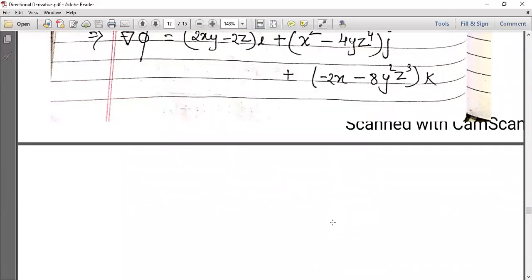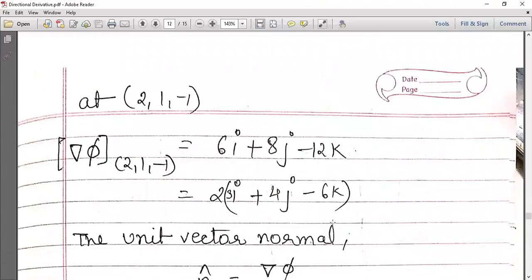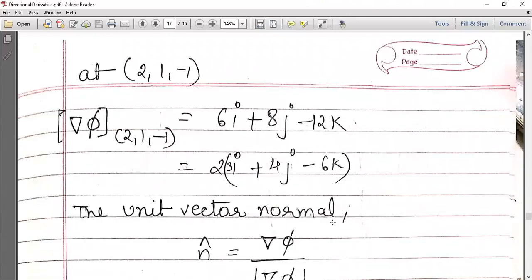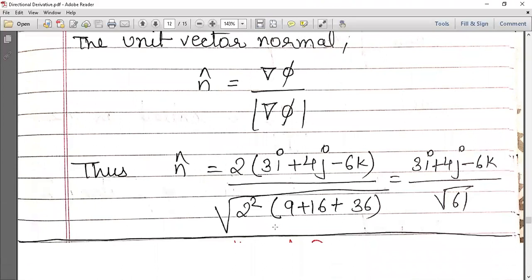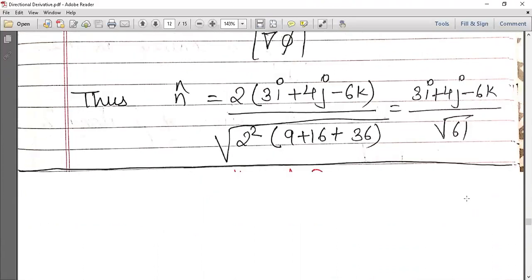Then we calculate at the given point 2, 1 and minus 1. We get the unit vector normal n cap as del phi over the magnitude of del phi. The calculated part is 3i plus 4j minus 6k over the square root of 61.